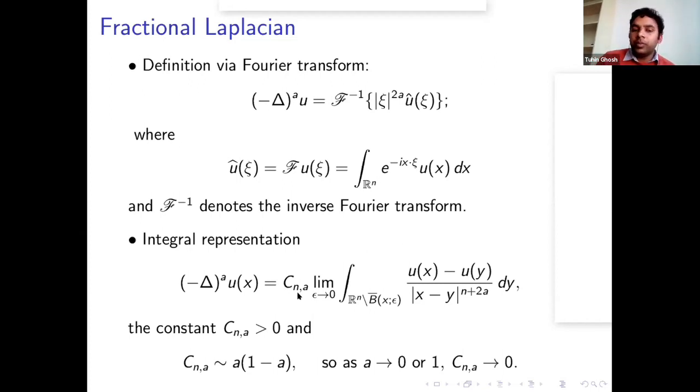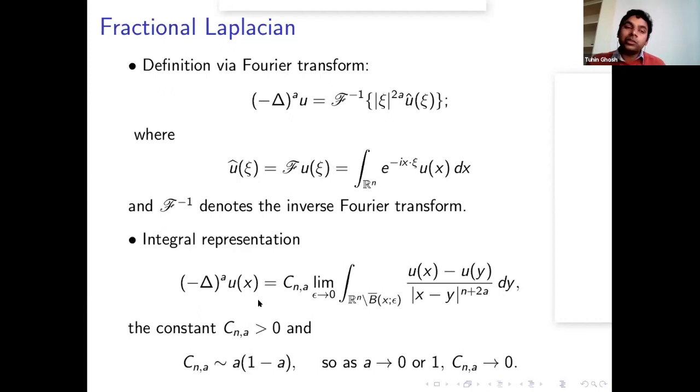It depends on n and a, but it has these asymptotics: a times (1 minus a). So if you go to either end, 0 or 1, it goes to 0. So it's not so easy to see, if you just pass to the limit as a tends to 0 or a tends to 1, that this will give you the plus u or the u.